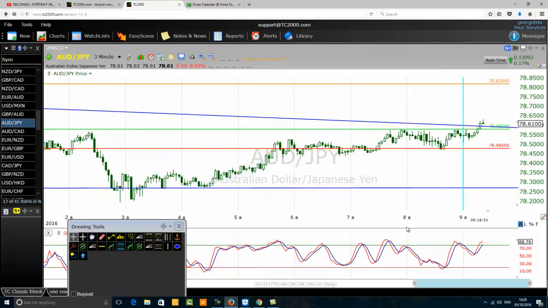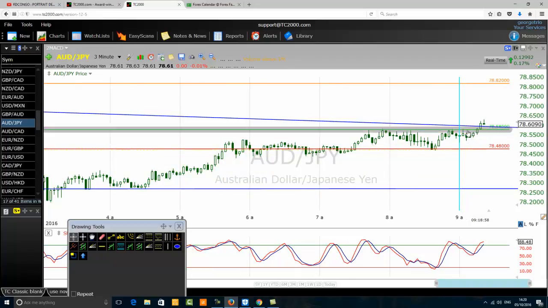Okay, traders, just to show you that it is working beautifully. It's now back above our entry point after this small pullback here. So it's looking good. It's heading towards our target, which is very, very good. So we will see how long this will take before we reach our target level at 7882.